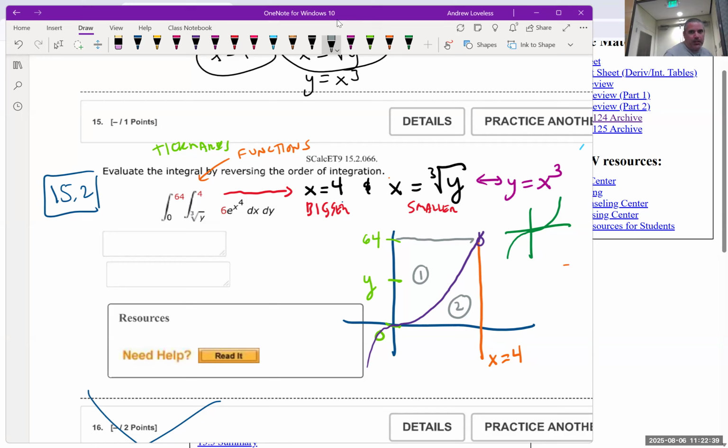Because if you just blindly draw a line, you're going to get confused. But you can also see that as you walk out, the first thing you should encounter is this function. The last thing you should encounter is the 4. And surprisingly, we're just describing a region. And luckily that works everywhere in between.